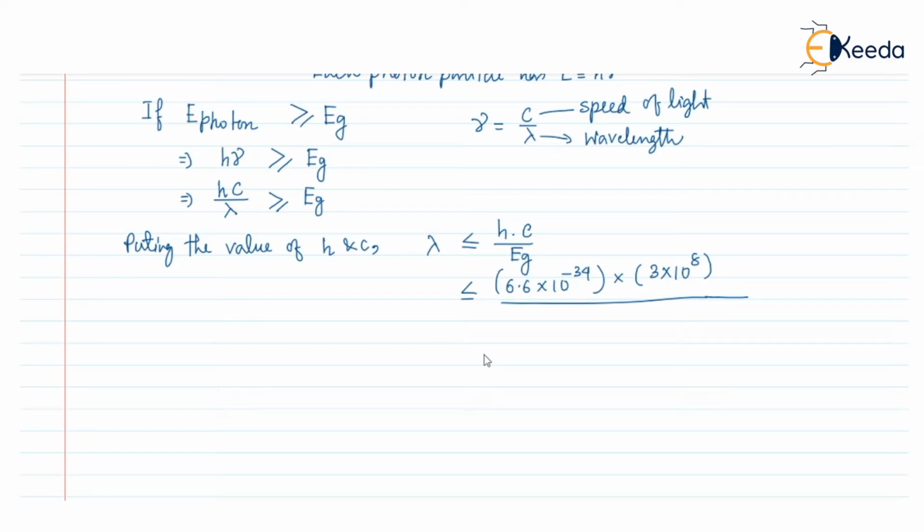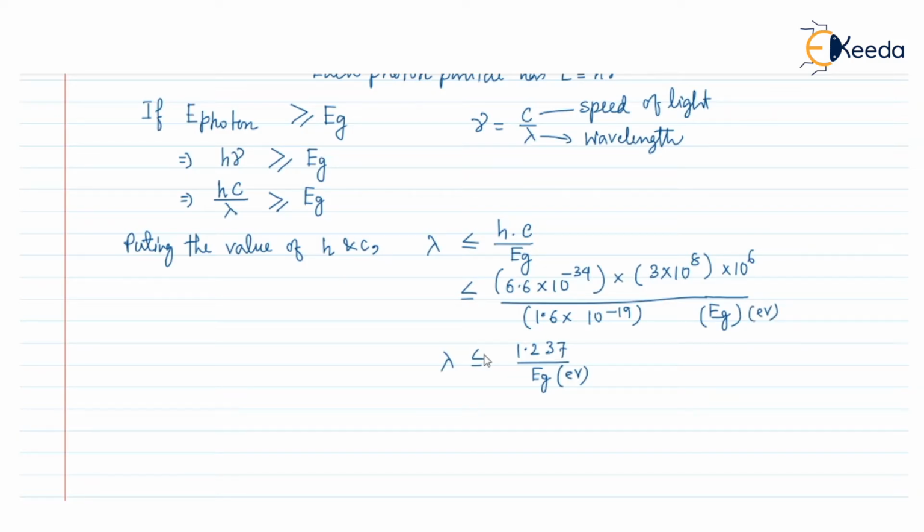For that we have to divide by 1.6 into 10 to the power minus 19, that is the electronic charge, and here it will come as 10 to the power 6, and this Eg. So lambda will come as 1.2376 divided by Eg, and this Eg is in electron volts.